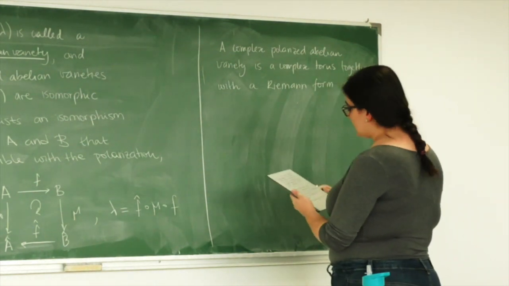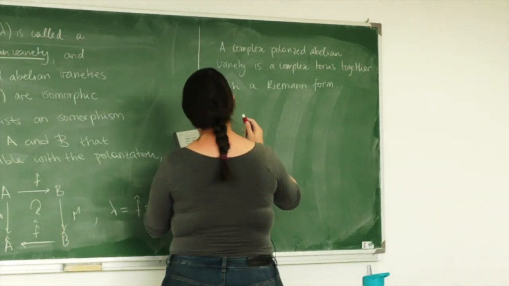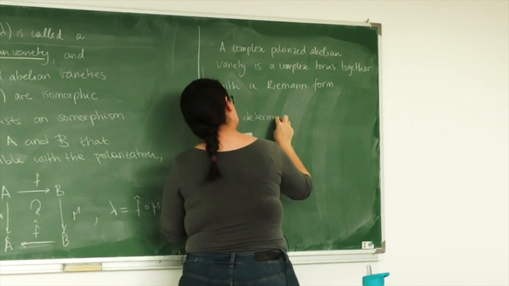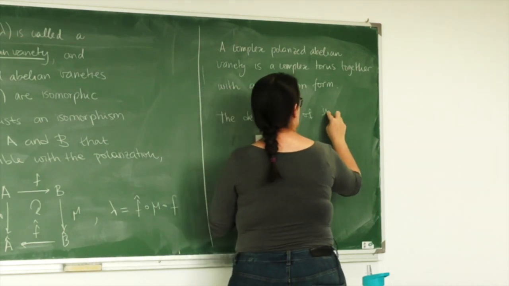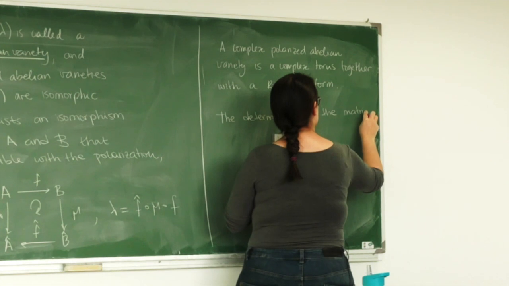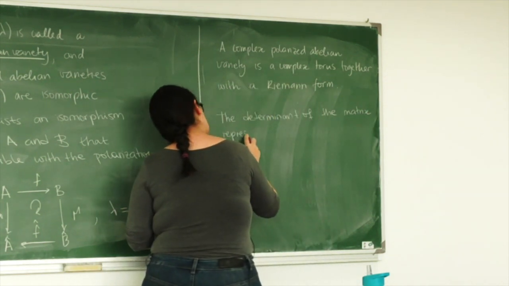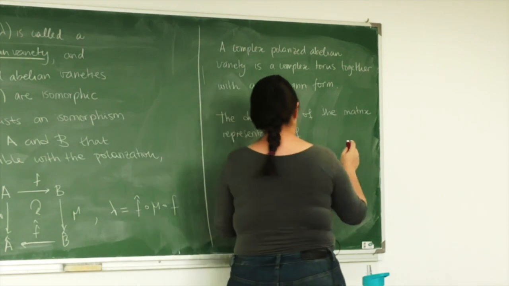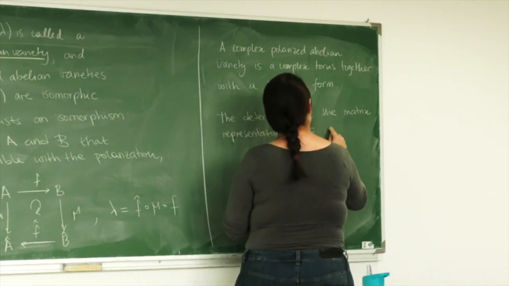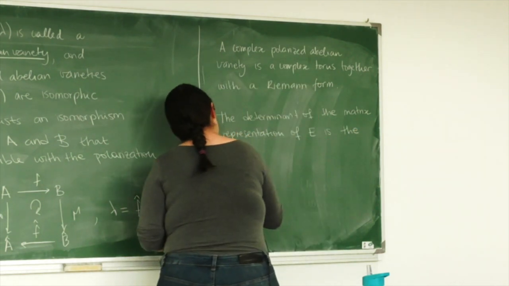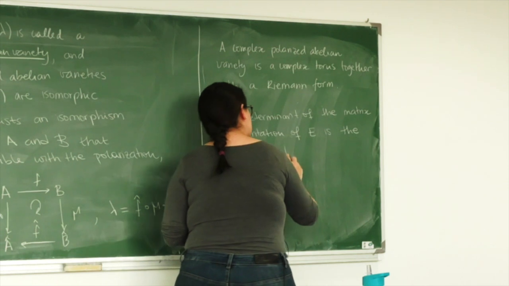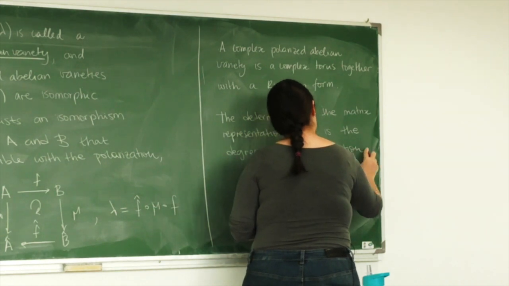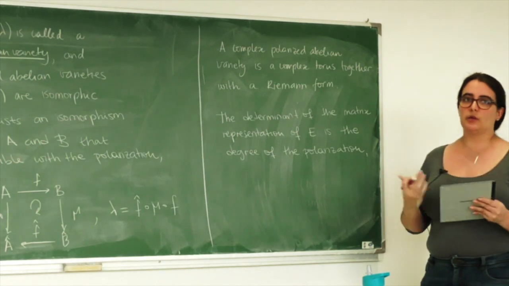So that means that the degree is represented by the determinant. And that's the last thing that I want to say, which is that the determinant of the matrix representation of E is the degree of the polarization, as we saw at the beginning when we talked about the degree of an isogeny.